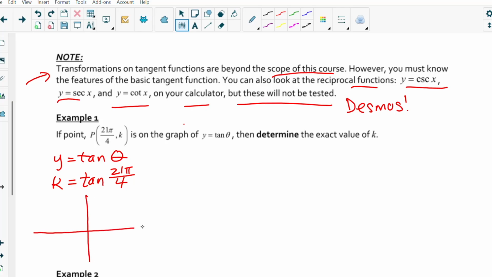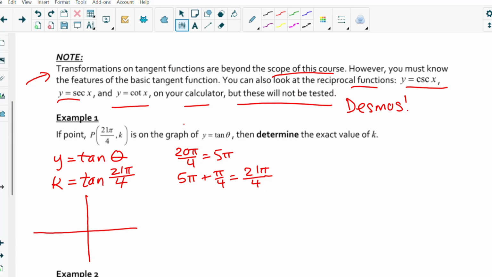Well, let's talk unit circle here, and let's do revolutions. The way I think about it is 20 pi over 4 is 5 pi. So I can go 5 pi in revolutions, and then I need to add pi over 4 more to make 21 pi over 4.